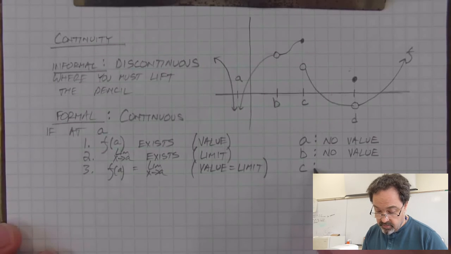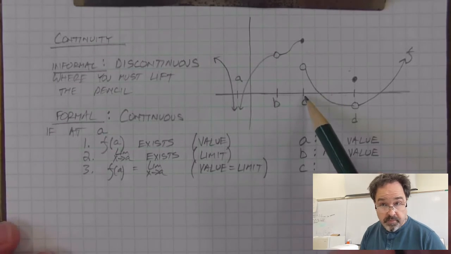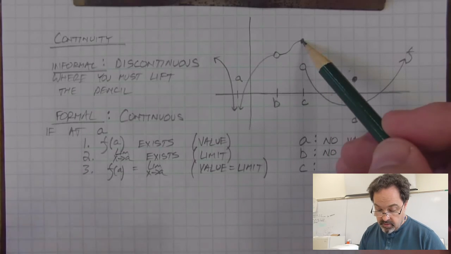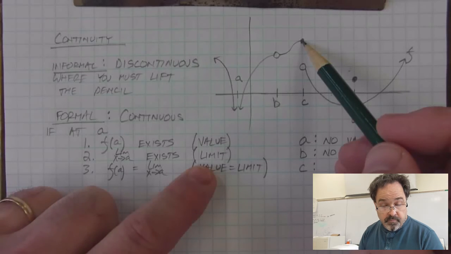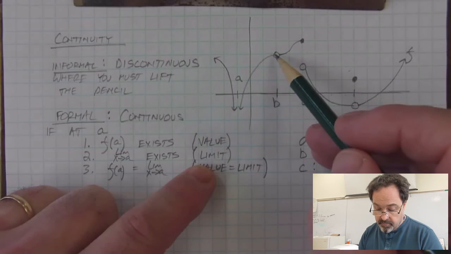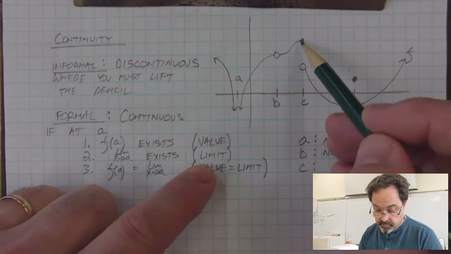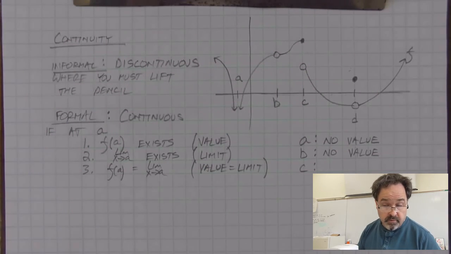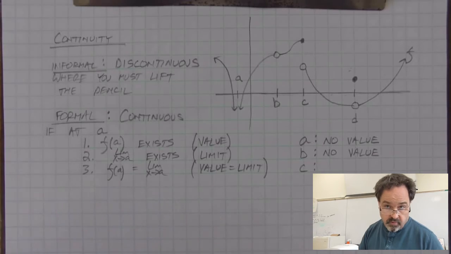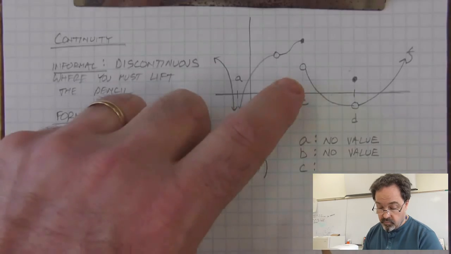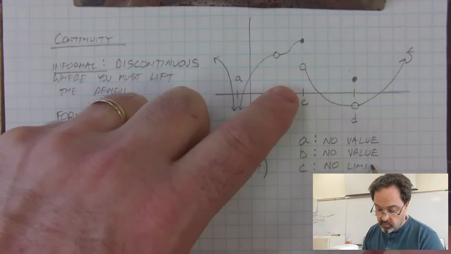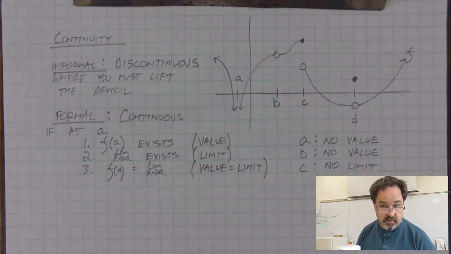At C, there is a value. It's the closed dot. But there's no limit. We have a left-sided limit and we have a right-sided limit, but there's no absolute limit because the one-sided limits are not equal. So the reason why it is not continuous at C: no limit. One-sided limits are not equal.